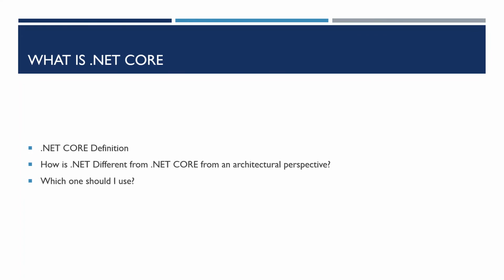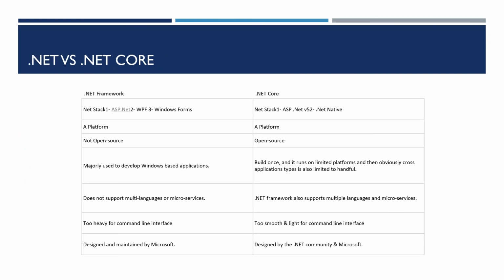But the true difference here is in how the .NET is supported, how it's truly cross-platform, and that's the main difference. So here we could take a look at the differences charted between .NET Framework and .NET Core.